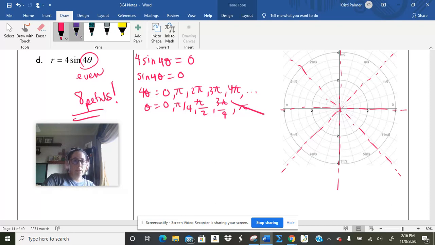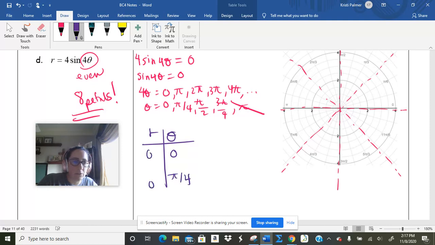So let's go see what we can find in an R theta chart to help us out. So we already know what happens when I use those. So at 0 and then at pi over 4, I know that these are 0. So let's pick something in the middle of those two, and let's see what happens. So let's try like pi over 6. And I'm going to let you go ahead and use your calculator, and I want you to see what you get here at pi over 6.